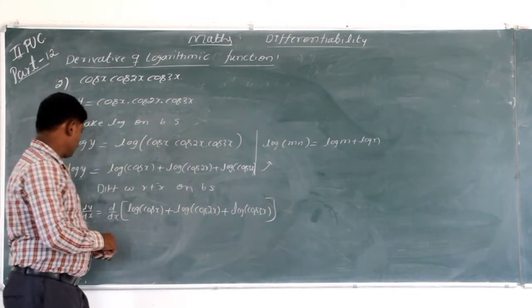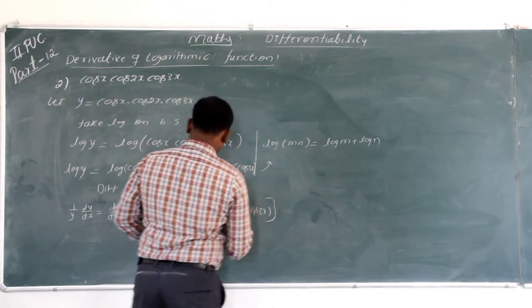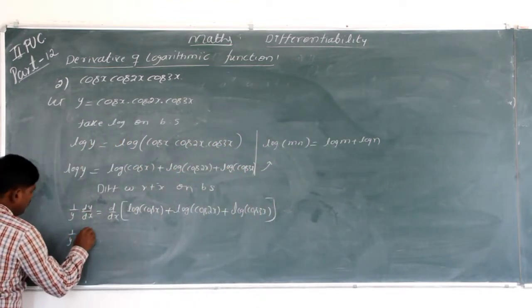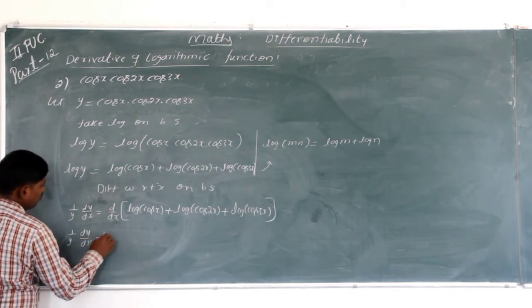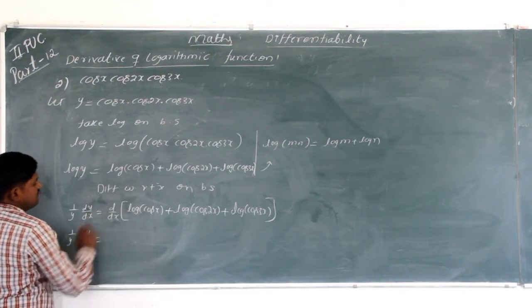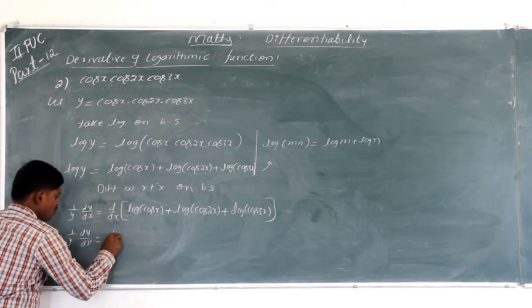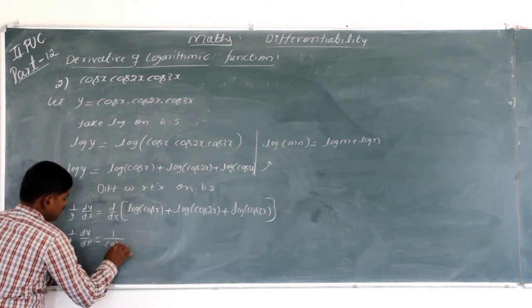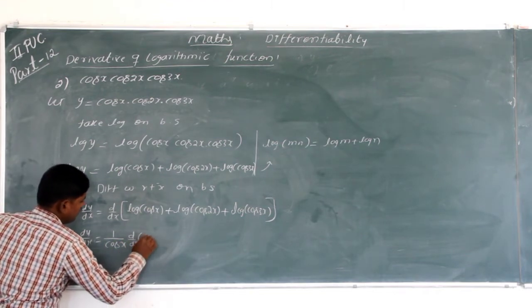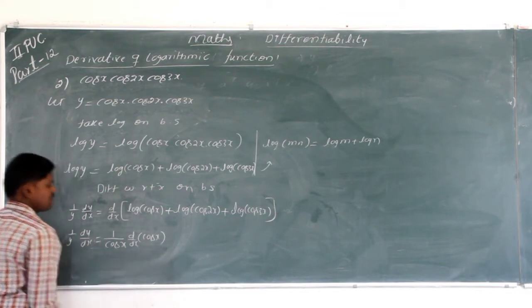So that means 1 by y into dy by dx is equal to, we are going to differentiate each term. That is, differentiation of log of cos x is 1 by cos x into d by dx of cos x, integrated, differentiation of integrated.